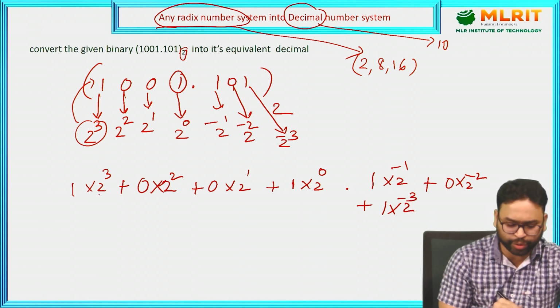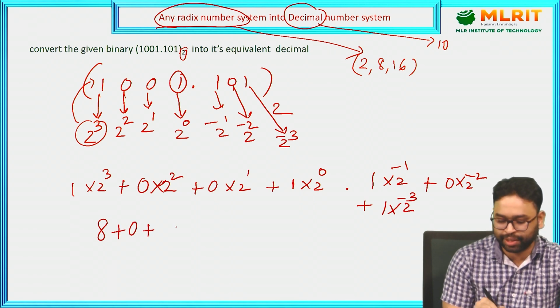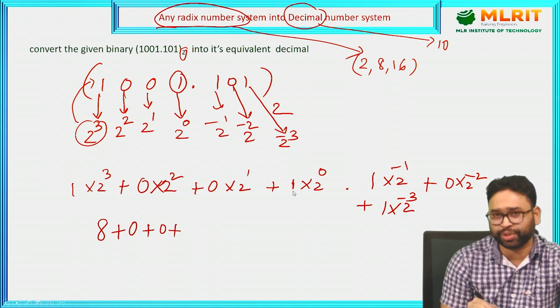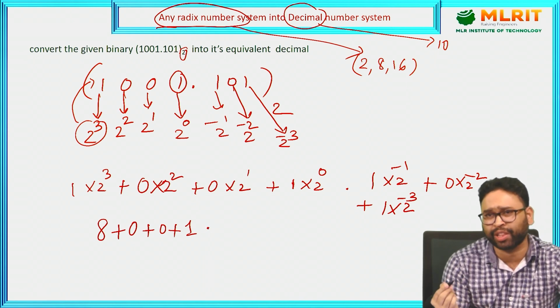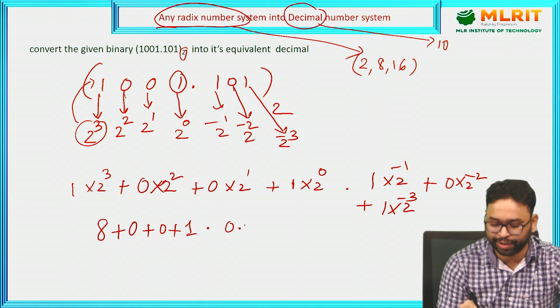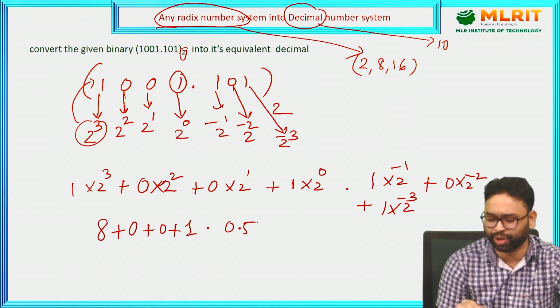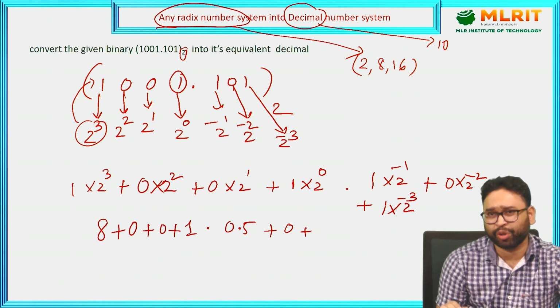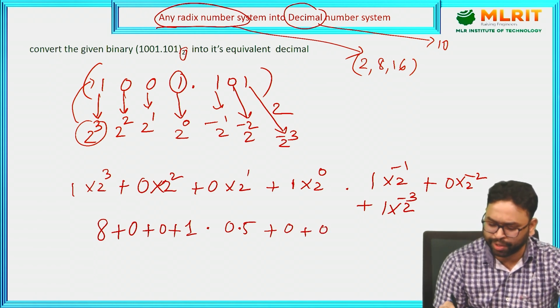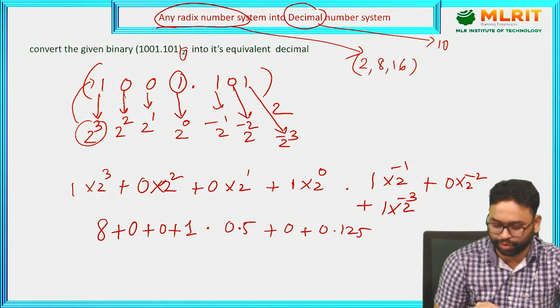1 into 2 cube is clearly 8, plus 0, plus 0, plus 1 into 2 power 0, which is 1. And 1 into 2 power minus 1 can be written as 1 by 2, and the value will be 0.5, plus 0 into any value, which becomes 0. And 1 by 2 cube means 1 by 8, and the resultant value will be 0.125.